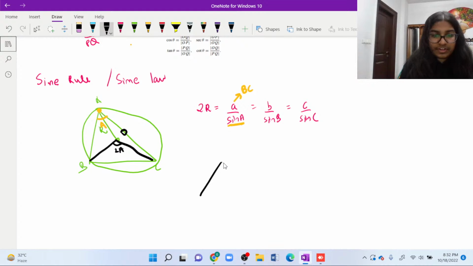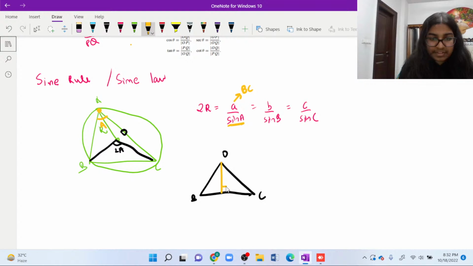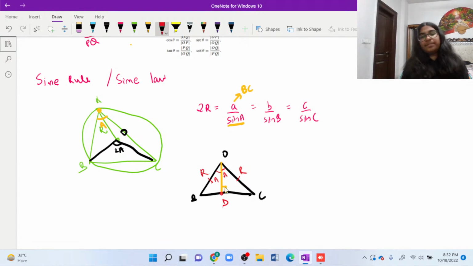And if we draw the triangle OBC separately, we can see that if we draw the perpendicular bisector, this angle is A and this angle is A. OB equals OC, which is both R, and let this be D. So we can see that sine A in triangle OBD equals BD by OB.